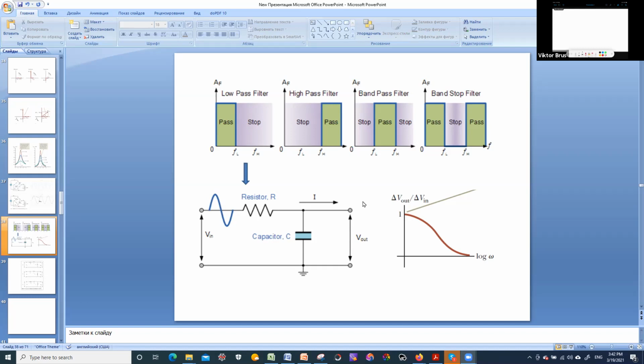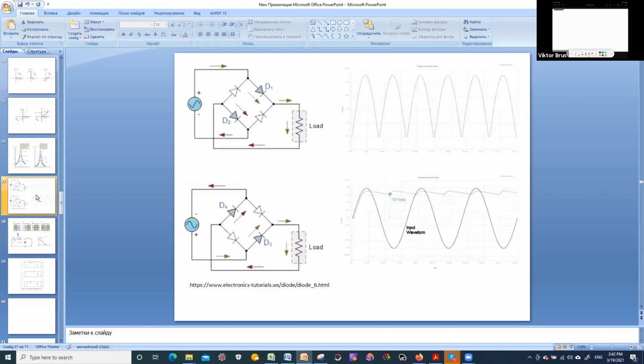Another topic which we would like to consider today, actually we don't have much time left, but let's discuss this topic, is the rectifier. So we know that it is necessary to rectify AC current in order to power most of our electronic devices.